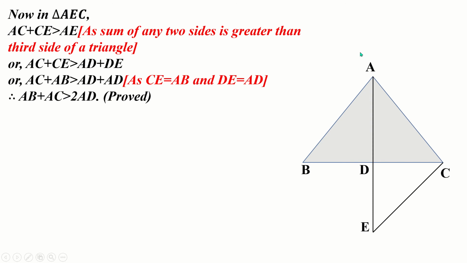But AE is equal to AD plus DE, and AD and DE are equal, so we can convert it to AD plus AD, because we have to prove 2AD. And CE is equal to AB, which we have already got. Therefore AC plus AB is greater than AD plus AD. Therefore AB plus AC is greater than 2AD. Very easy proof.